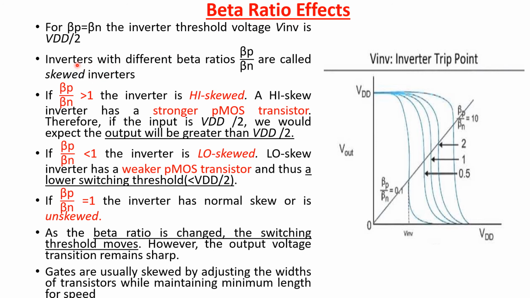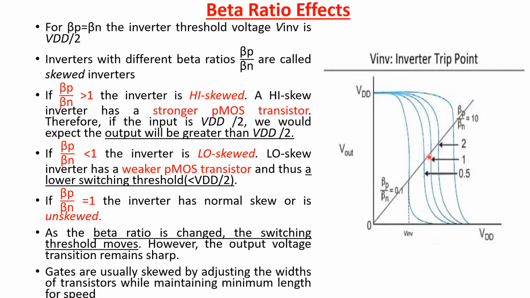If the inverter beta ratios are different, then they are known as skewed inverters. If beta p by beta n is greater than 1, the inverter is known as high skewed. So a high skew inverter has a stronger PMOS transistor and the switching point is greater than VDD by 2. If beta p equals beta n, the switching point is exactly 2.5.